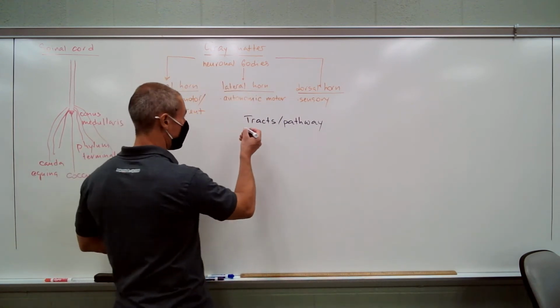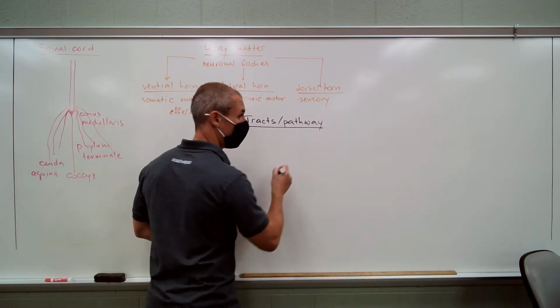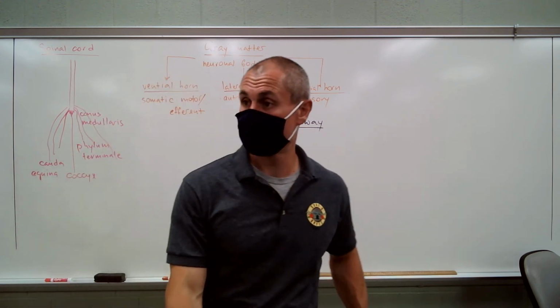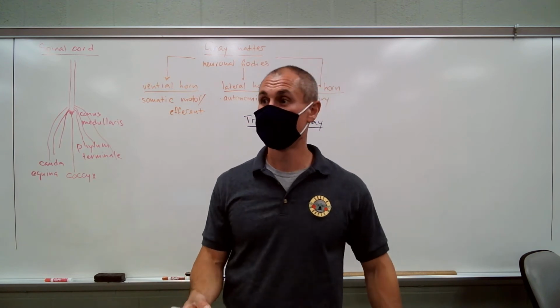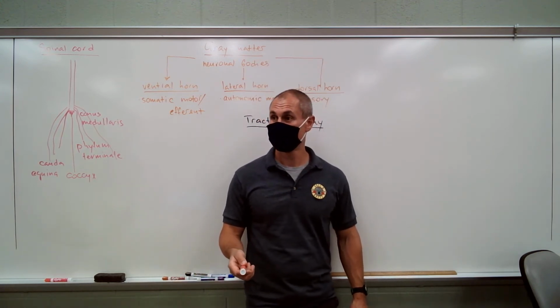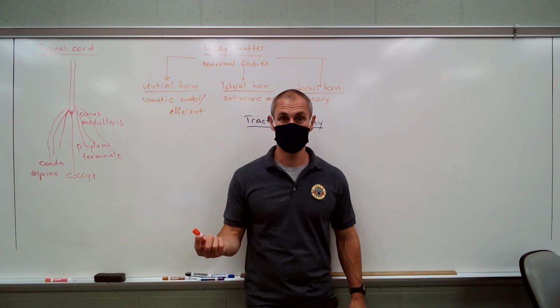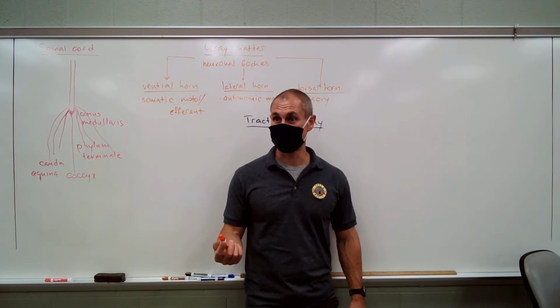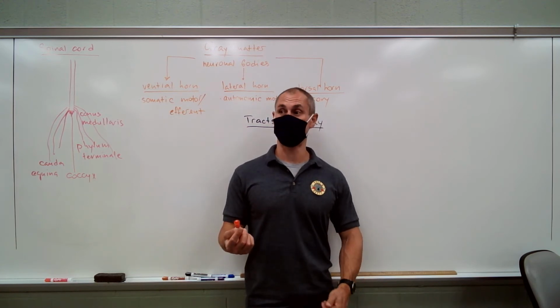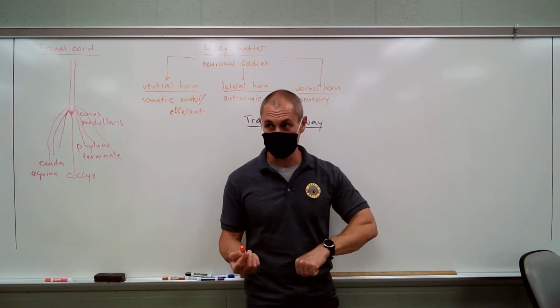So tracts, as we mentioned, can be of two types. Tracts in the spinal cord, direction-wise, can be going up or down, meaning they can be ascending or descending.